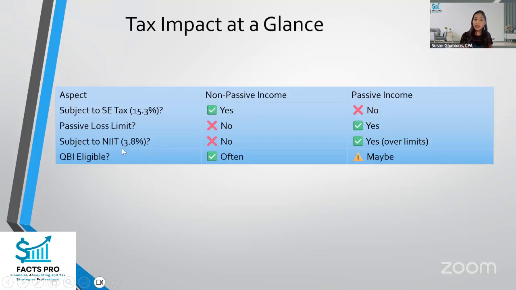Subject to the net investment income tax: non-passive is not subject to that, but yes, over certain limits for the passive income. QBI eligible: often for non-passive, and maybe in some cases for passive income. It depends on what kind of partnership or investment you're involved in and whether it's considered a QBI qualified business or not.